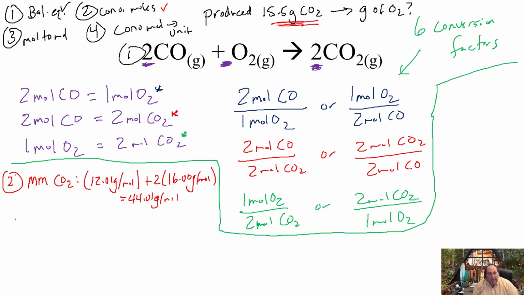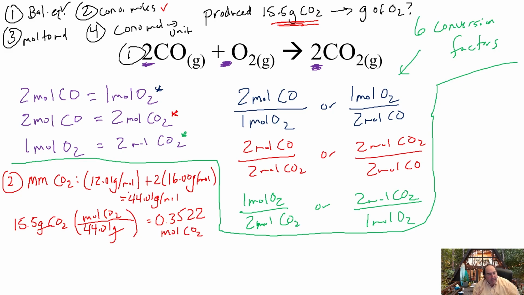So we'll take 15.5 grams of CO2. Using our molar mass, remember opposites cancel, so we need the grams on the bottom here. Grams will cancel. That gives me 15.5 divided by 44.01, which is something like 0.3522 moles of CO2.